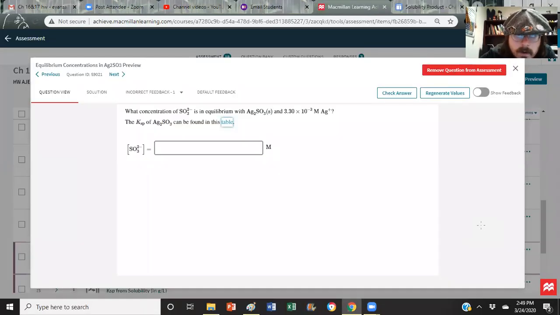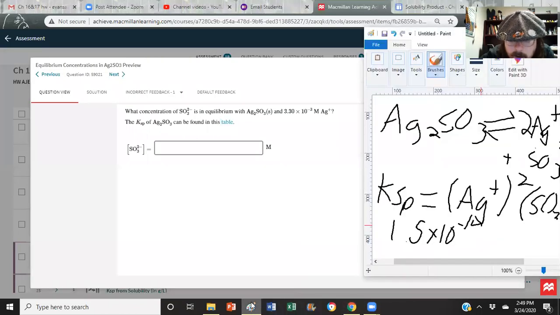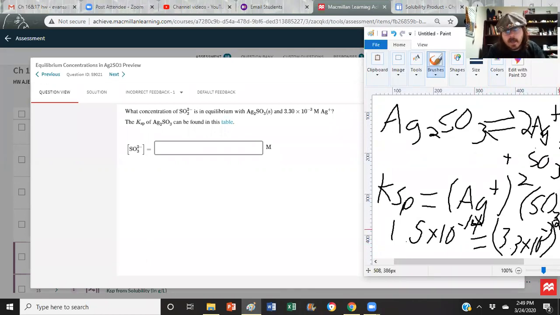Meaning, if I have 3.3 times 10 to the negative third silver, squared, how much sulfite must I have?